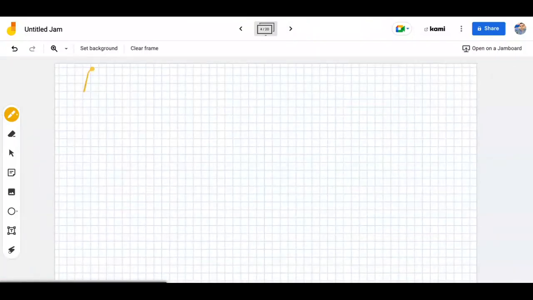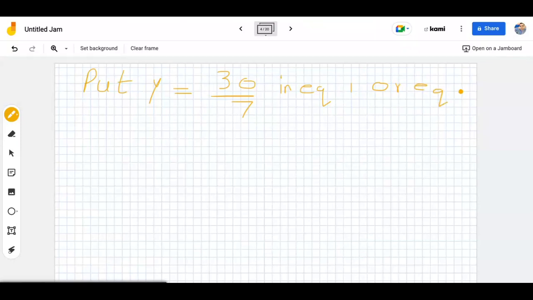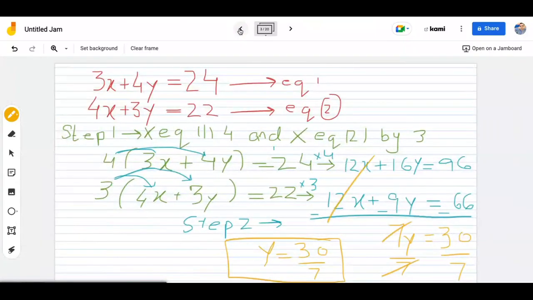We can put y equal to 30 by 7 in equation 1 or equation 2. So let's see where we can place y.